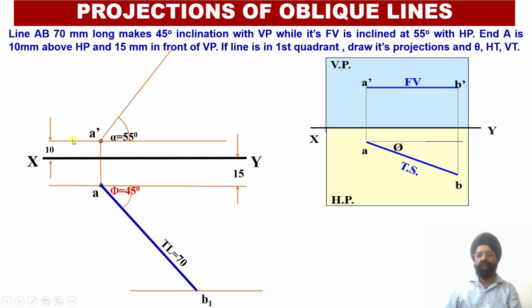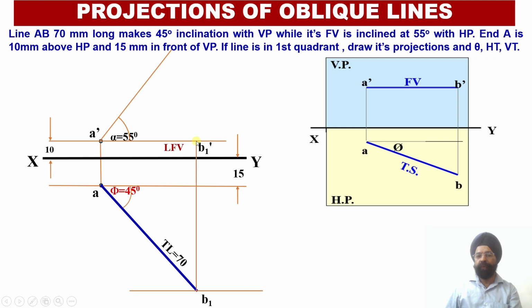So this is the horizontal locus line corresponding to the point A dash in the front view. Onto this locus line, I need to draw a perpendicular from the point B1 such that I obtain this point B1 dash on the locus line corresponding to the point A dash.